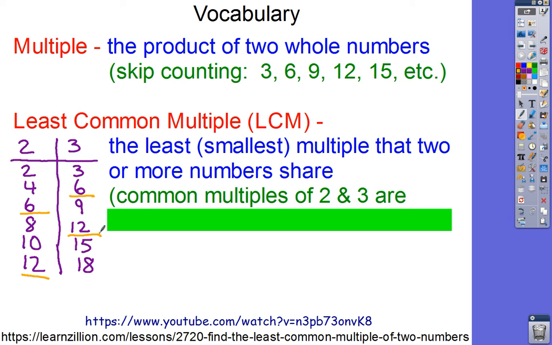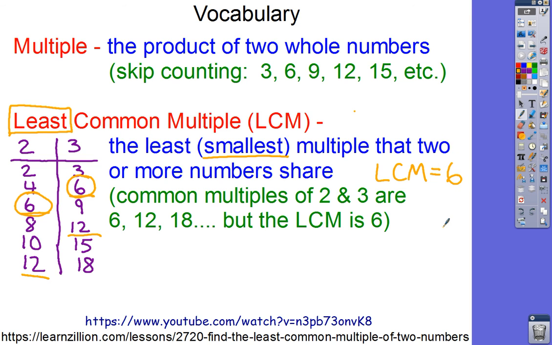However, if I'm looking for the least common multiple, or the smallest common multiple, for 2 and 3, that number would be 6. So on this problem, the LCM equals 6.